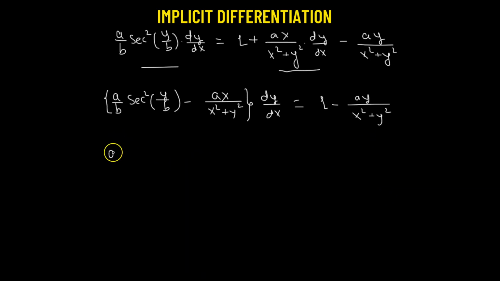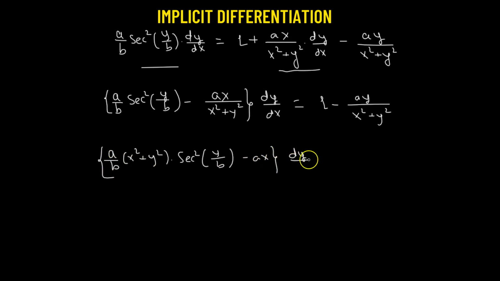So we have a over b times x squared plus y squared multiplied to secant squared of y over b, minus ax, whole multiplied to the derivative of y with respect to x, equals x squared plus y squared minus ay. Now we will finally isolate dy over dx.